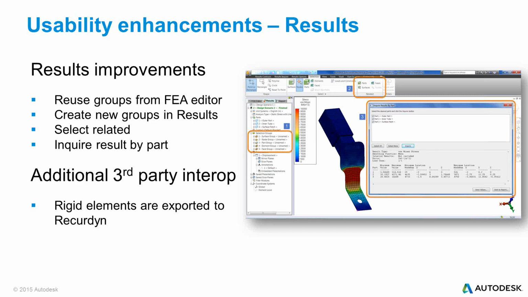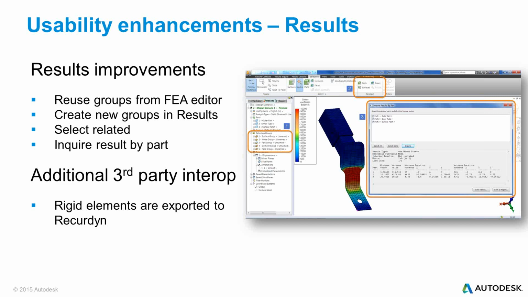So in the picture, the area marked as 1 is what I'm talking about. In addition, part and surface selection groups are shared and synchronized between the FEA editor and the results environment, which is another big time saver when you're working with large models with numerous selection groups.